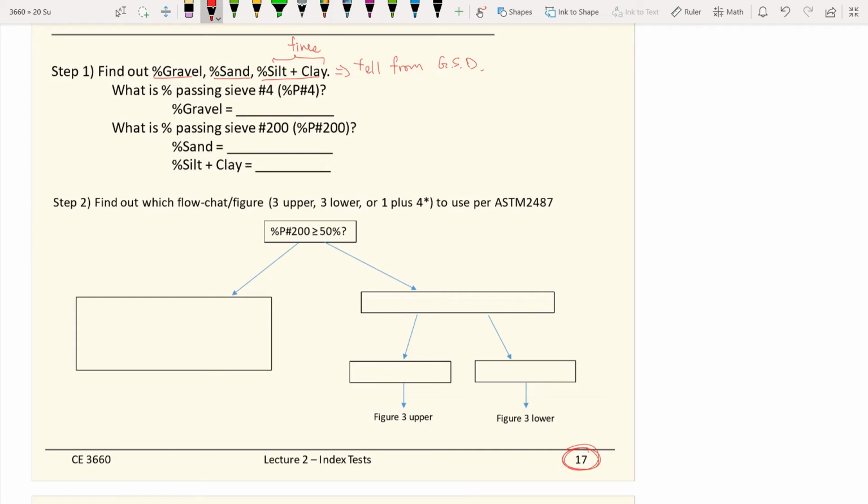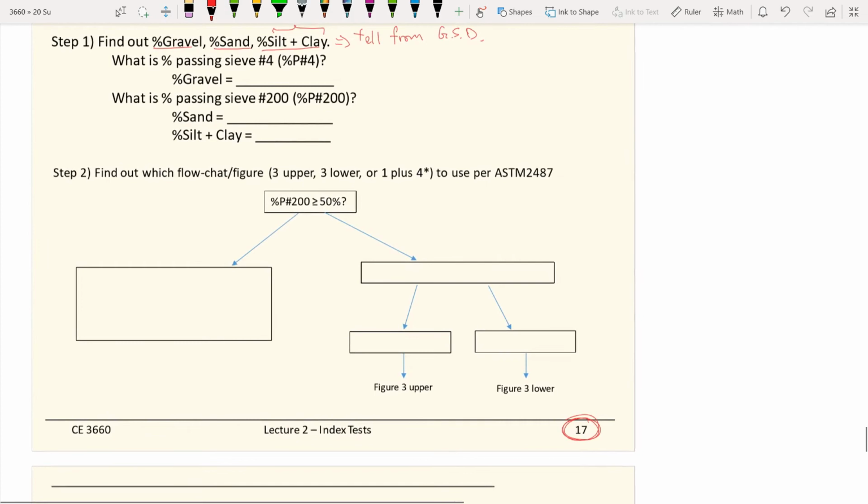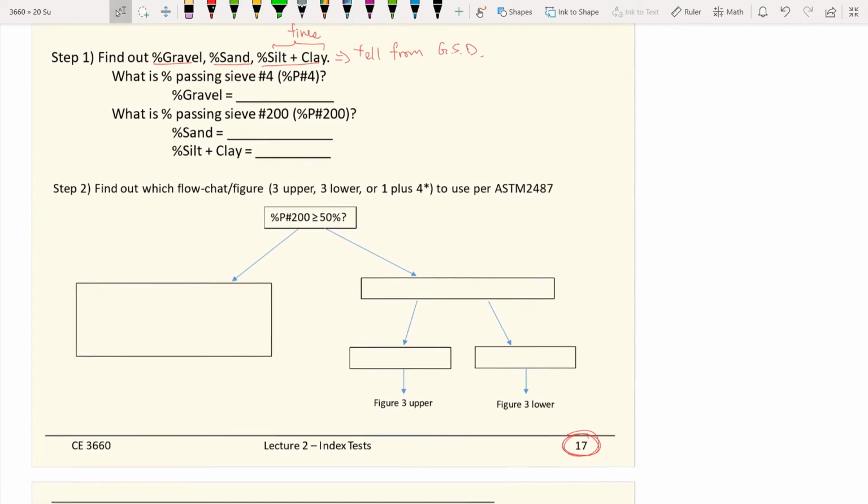Let's finish this first. How can you determine the percent gravel? It's determined by 100% minus the percent passing number 4. Number 4 is a sieve, right?